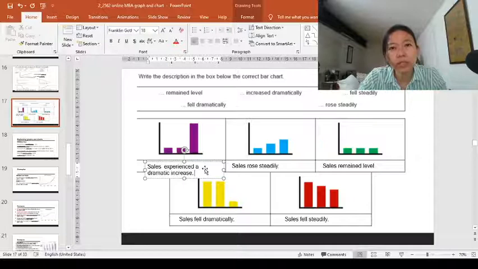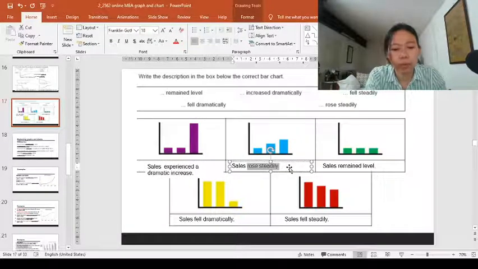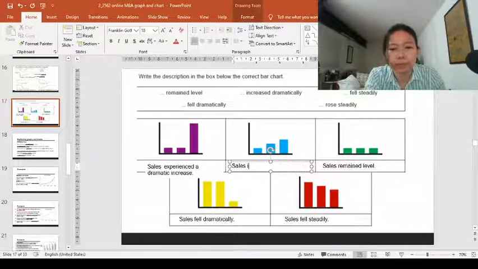So let's do another example. Here, sales rose steadily. So we can change rose back into a noun, right? And then steadily, an adverb, we can change it into an adjective, steady.